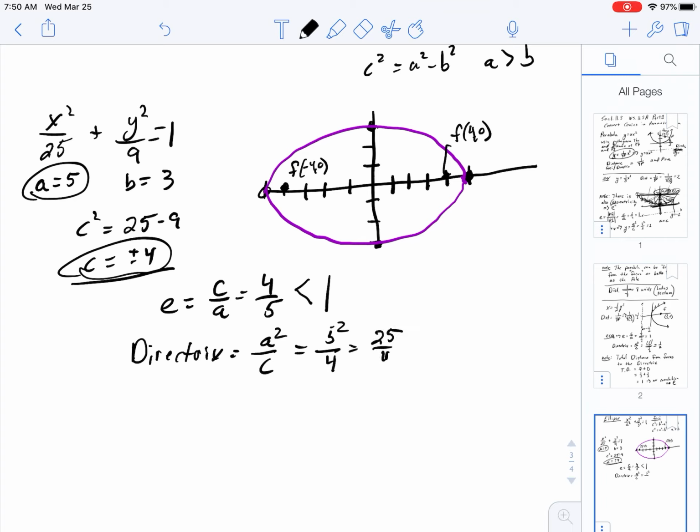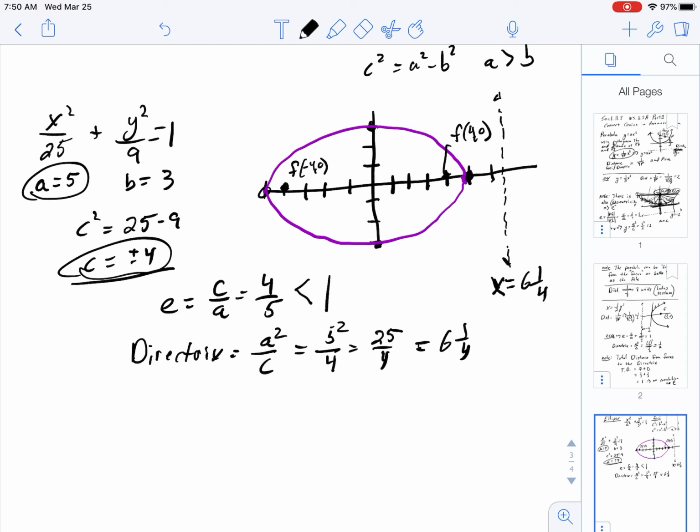So we have 25 fourths, which is approximately 6 1/4. So if you look at this, your directrix, there's 6 1/4, is here. So you have x equals 6 1/4.